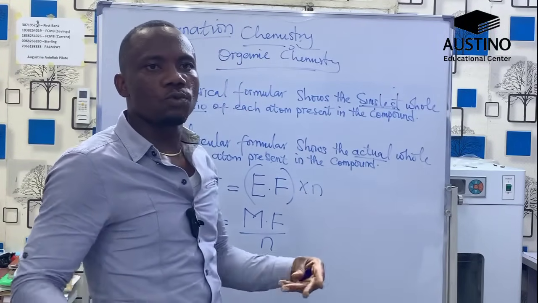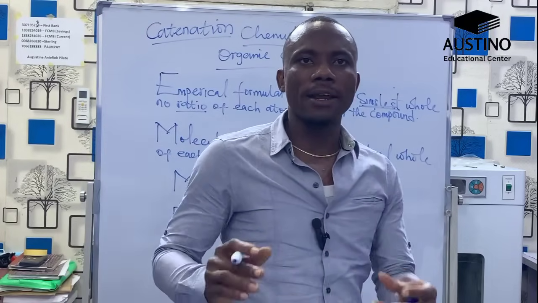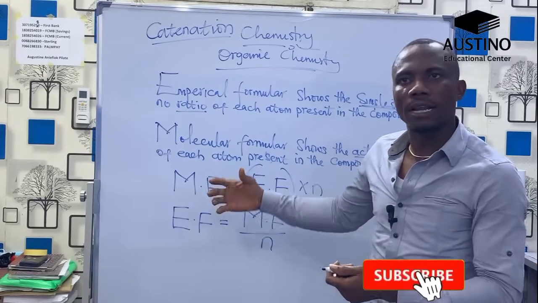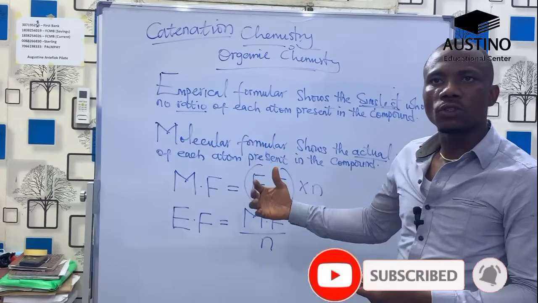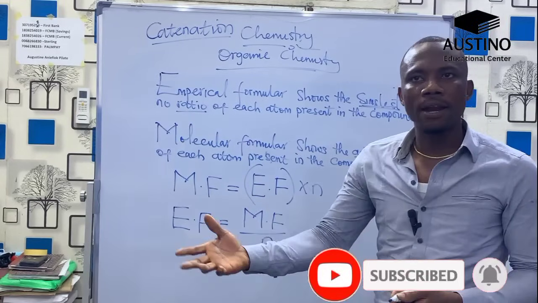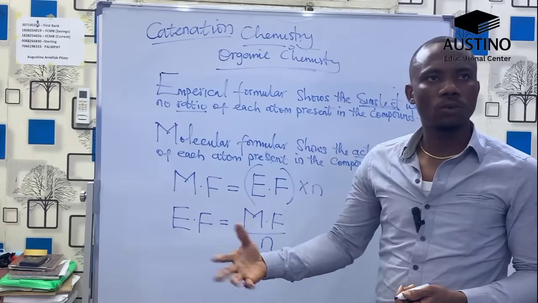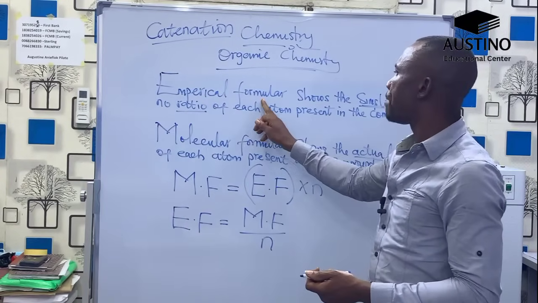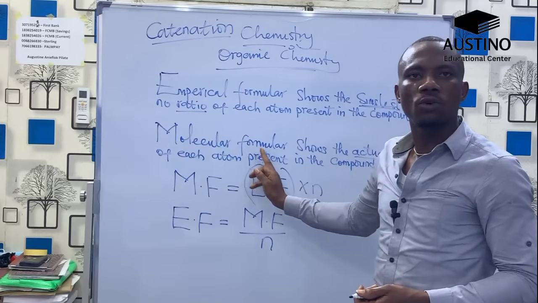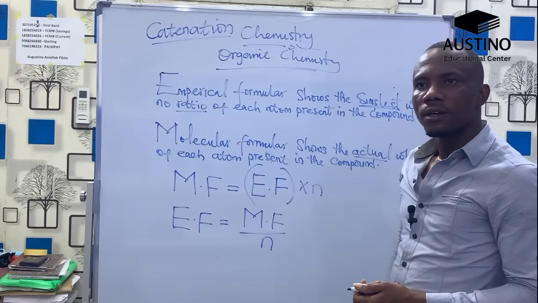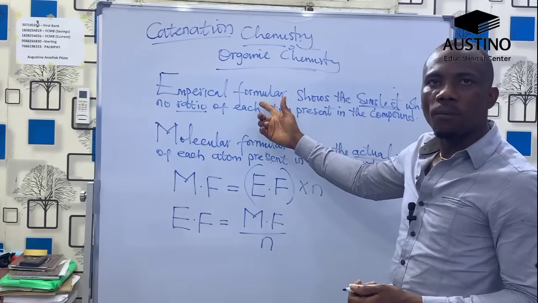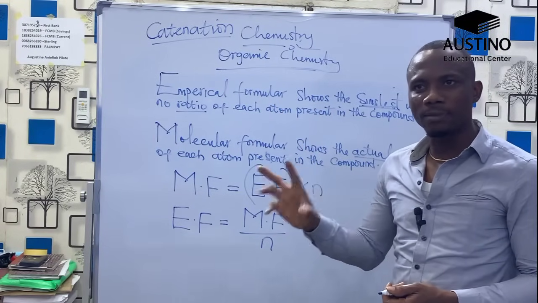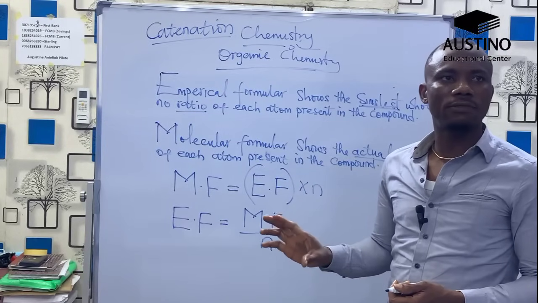And then, quickly, as a way of summary, we looked at the composition of organic compounds. That led us to what we call the empirical analysis, which led us to the empirical formula and then the molecular formula. We said that molecular formula and empirical formula have a relationship, and of course similarities, but they also have differences.